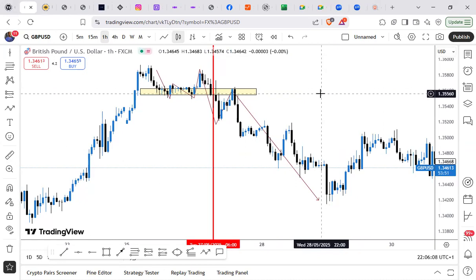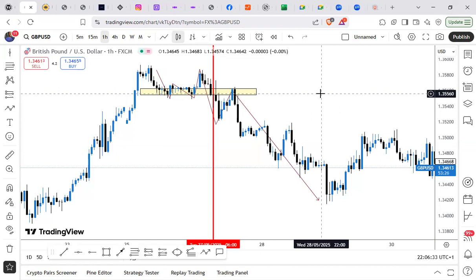How? Because it is a rule in the market that whenever price breaks a support, the support turns to resistance. Whenever price breaks a resistance, it turns to support.